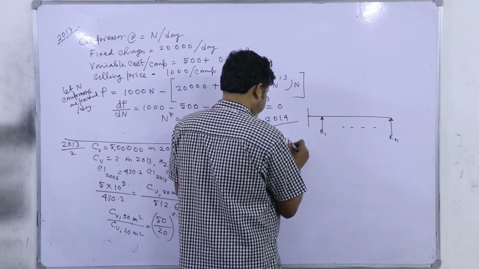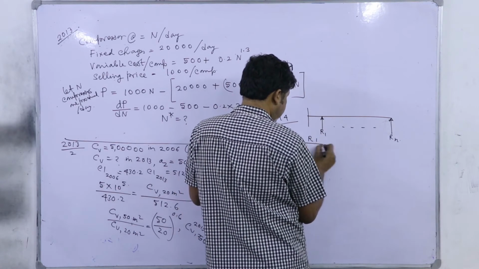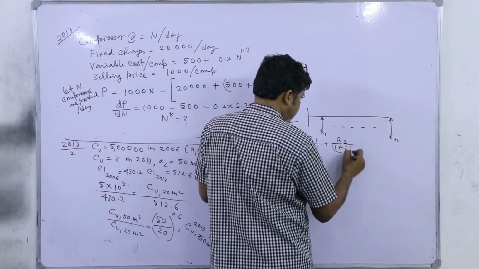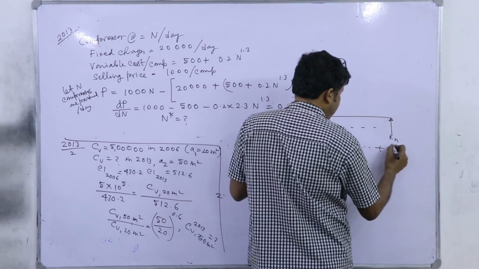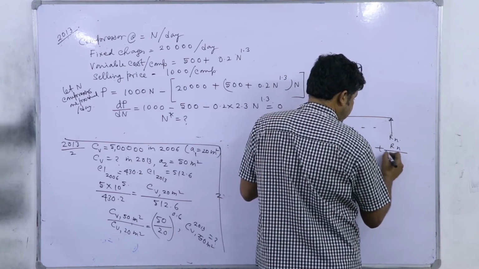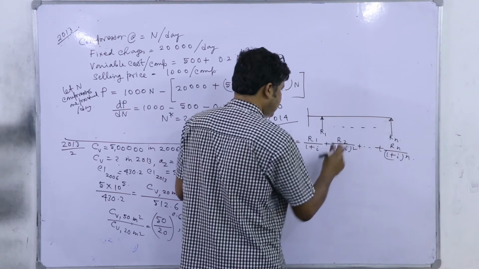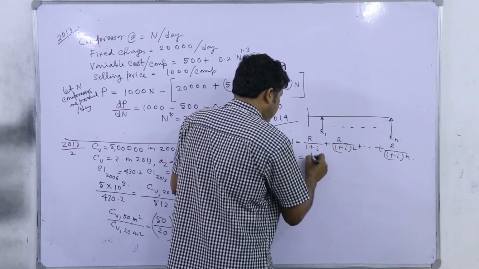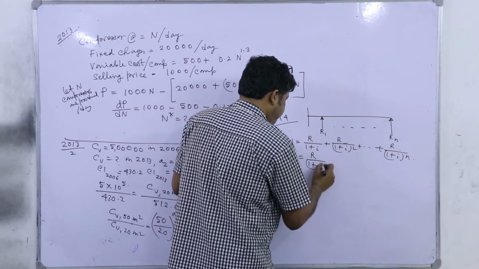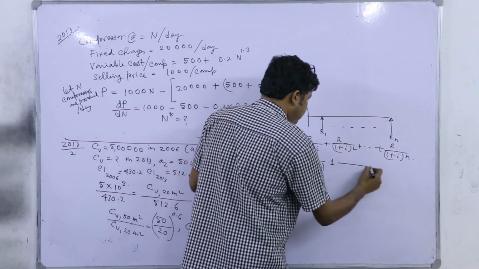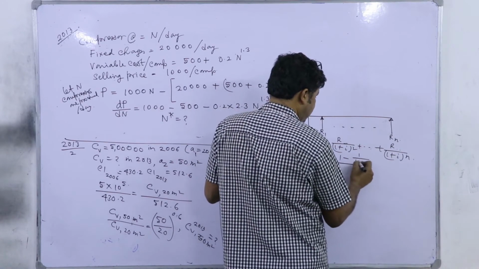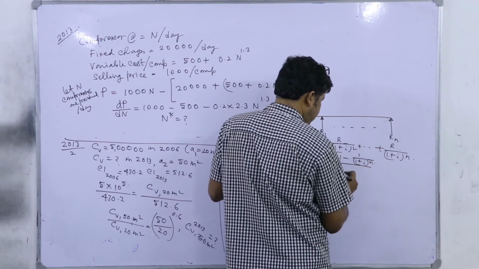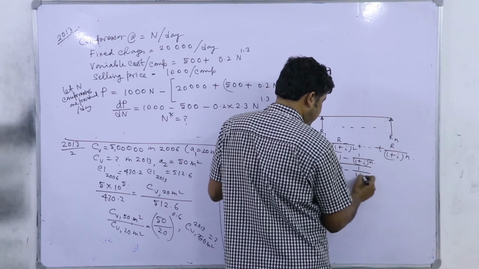Present worth is R1 divided by 1 plus i, R2 divided by 1 plus i square, plus Rn divided by 1 plus i to the power n, or sorry, here all are the same R. So, R divided by 1 plus i, then it is 1 minus 1 divided by 1 plus i to the power n, divided by 1 minus 1 divided by 1 plus i.